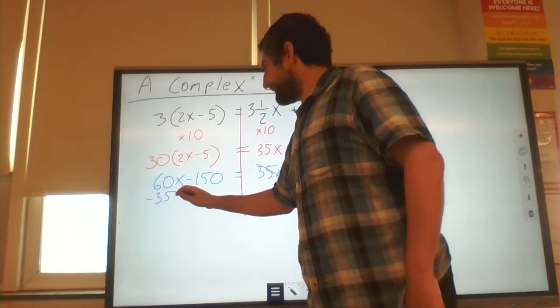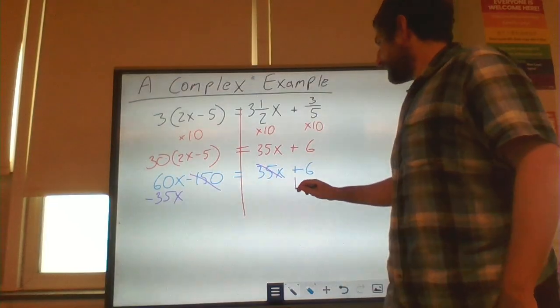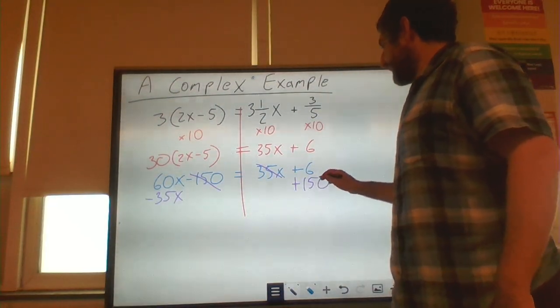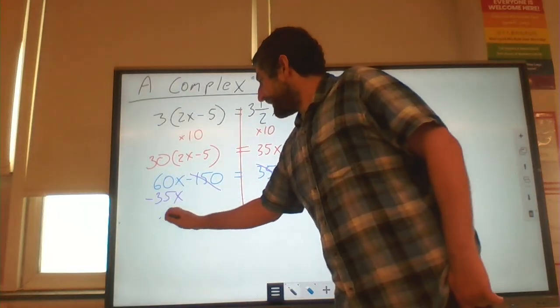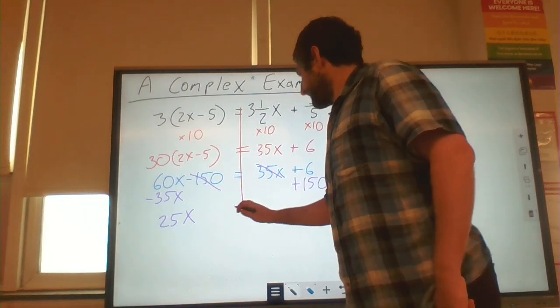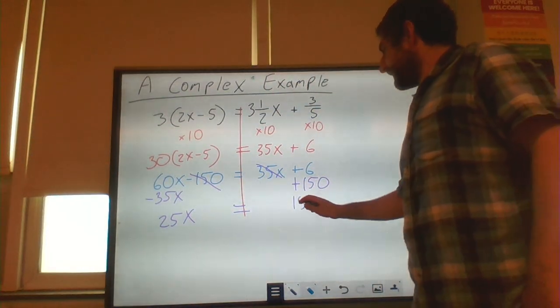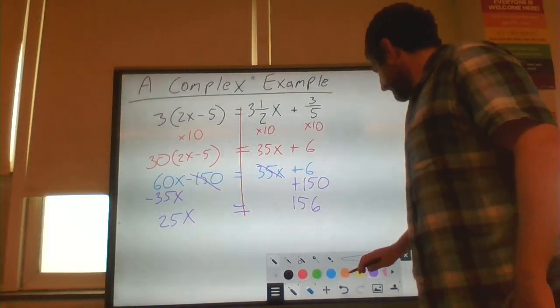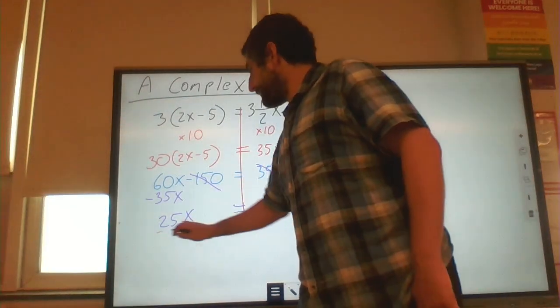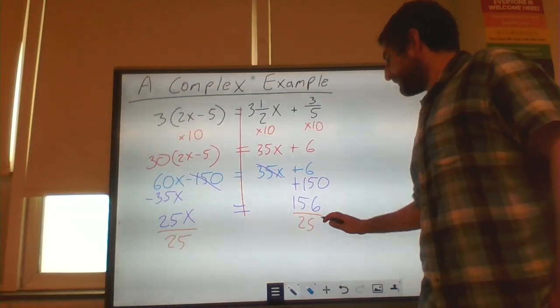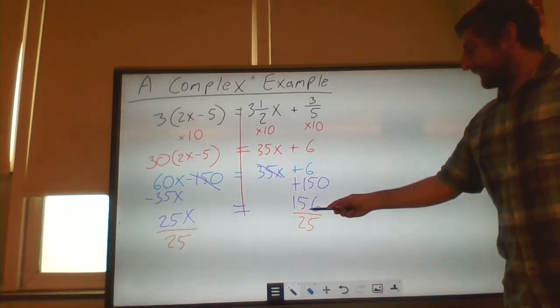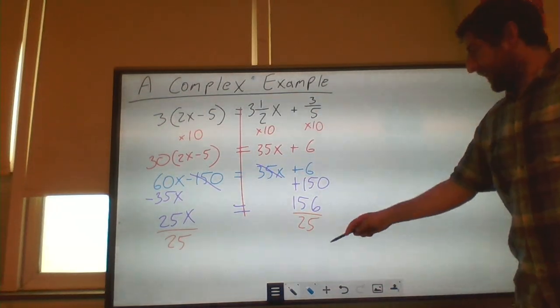I'll subtract 35 from both sides. Add 150 over here. And I've got 25x equals 156. And then final step, divide both my terms by 25. I'll have to do some long division for this. I'm not going to do it underneath.